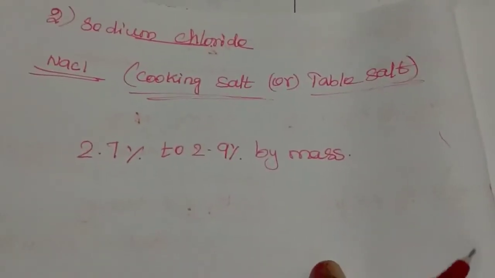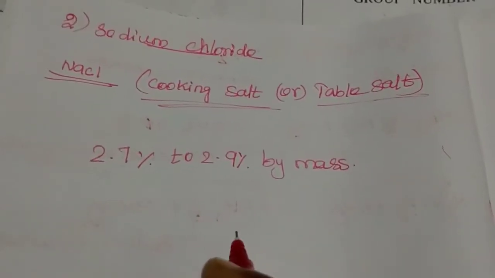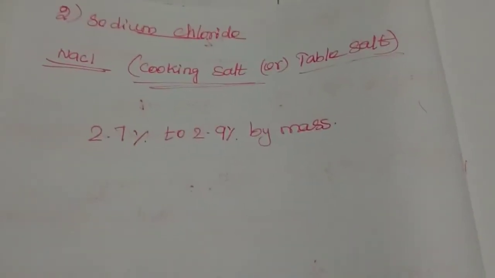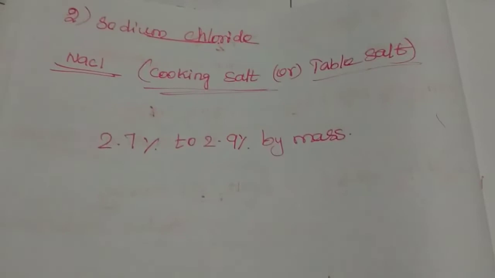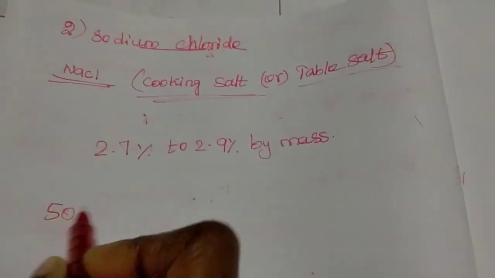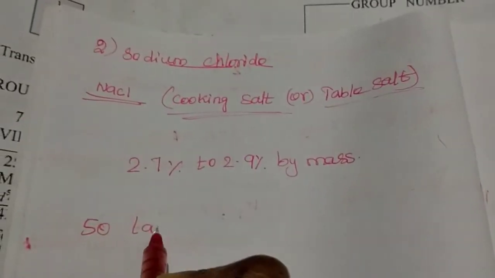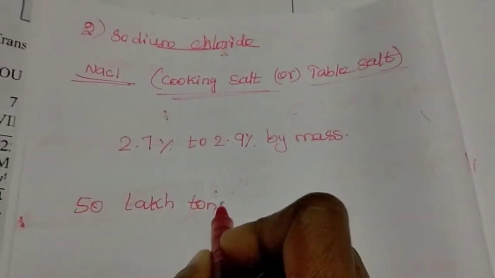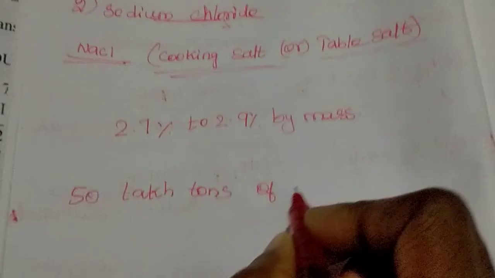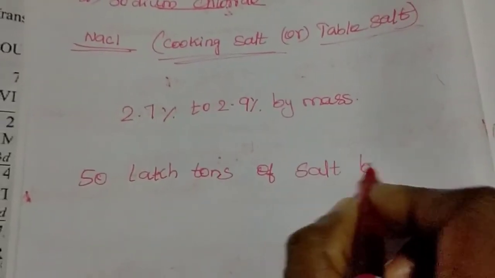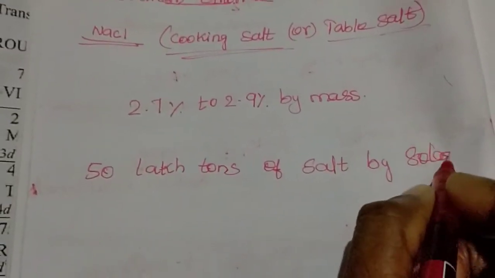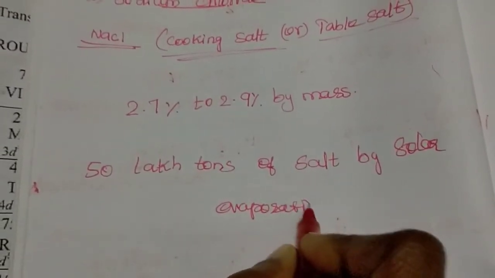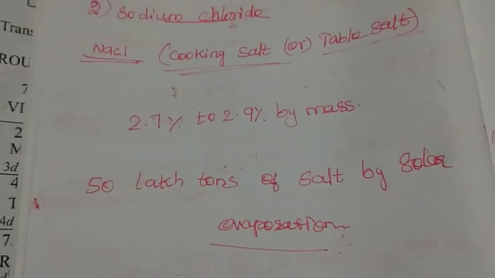Approximately 50 lakh tons of salt is produced from the sea by solar evaporation in India.